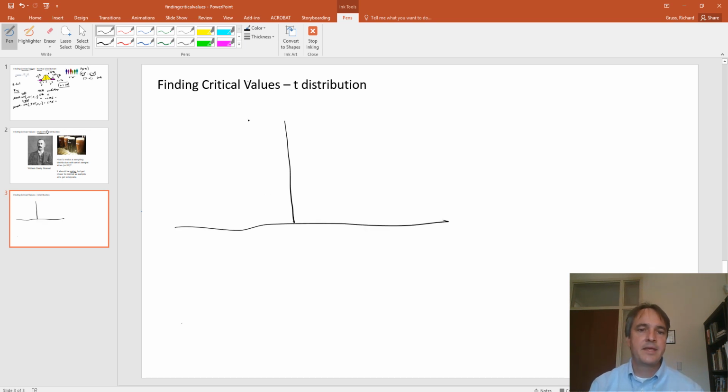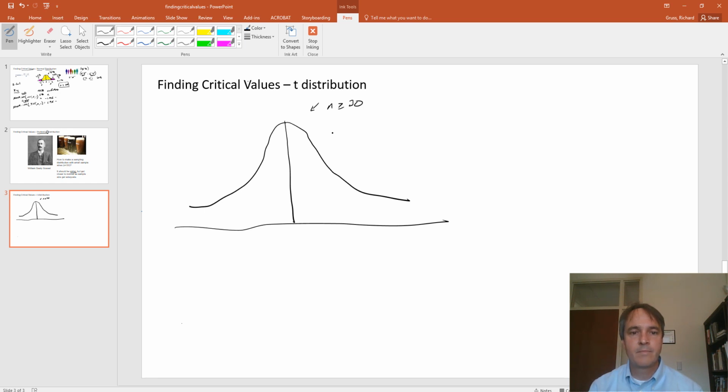We're doing our same example where we're looking at heights, and this was our normal distribution. This is the one that we would use if we had n greater than or equal to 30. We found that 95% of the area here would be between negative 1.96 and positive 1.96. Those were the critical values we found.